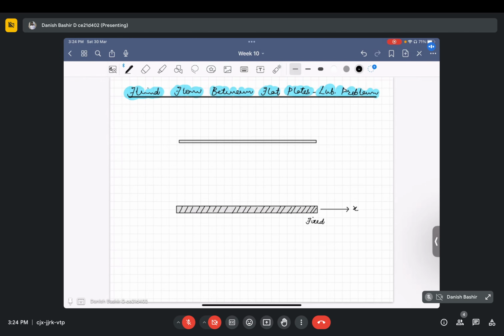We have a fluid flow, y-axis, and the velocity profile of the fluid within this is like this. Obviously we will have maximum velocity at the top surface, and it will be gradually decreasing.